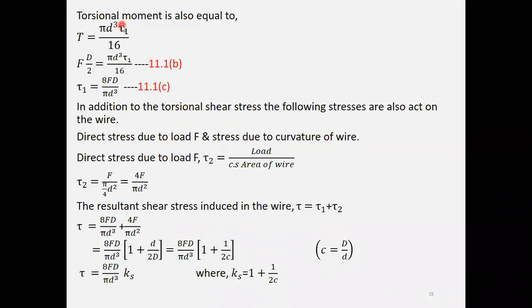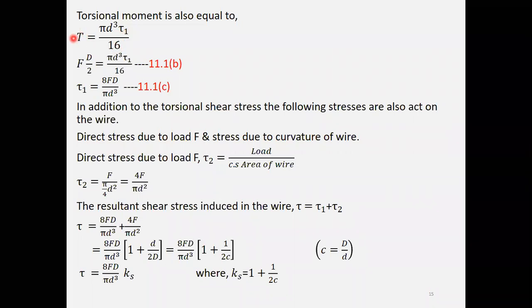Because of the force applied, a torsional shear stress will be induced in the member. Tau 1 is nothing but the torsional shear stress induced in the member. Therefore, torque is equal to pi d cube into torsional shear stress divided by 16.